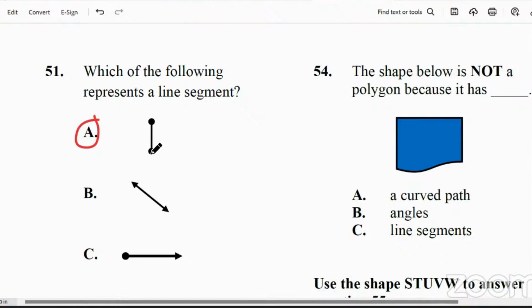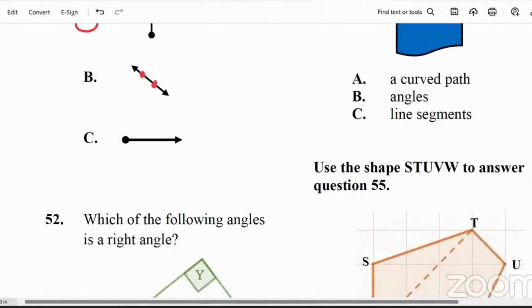We see these 2 dots, it just shows a segment means a part of a line, right? So B would be the entire line that's extended in both ways, has arrows on both sides. But a line segment would be a part taken out of the line. So if I take a part out of B, then what I have taken out would be a line segment. Okay, so A is the line segment.